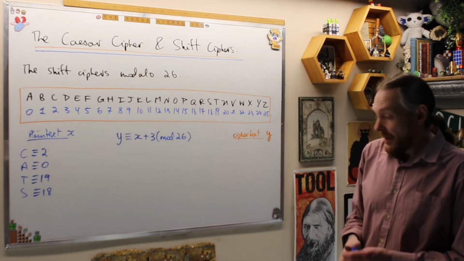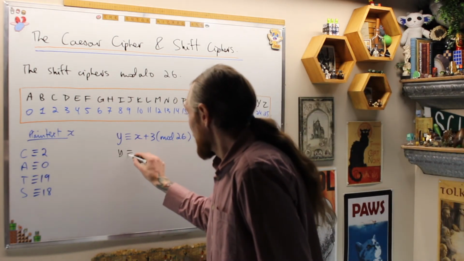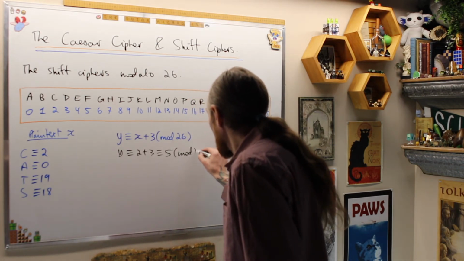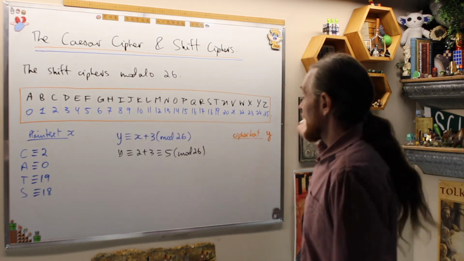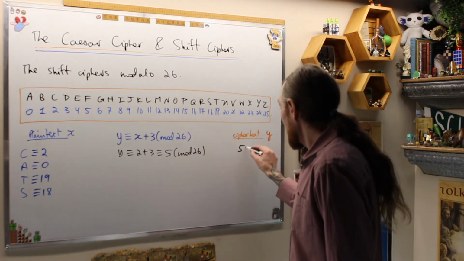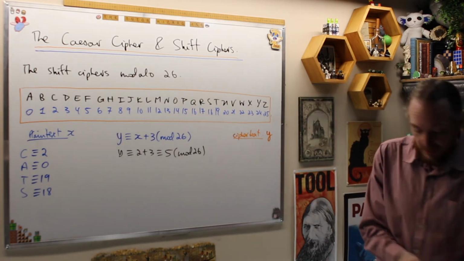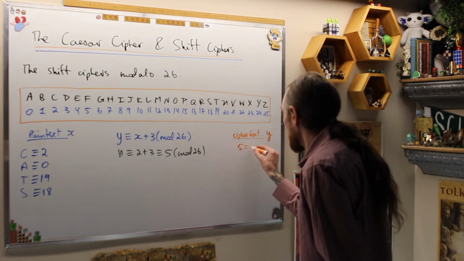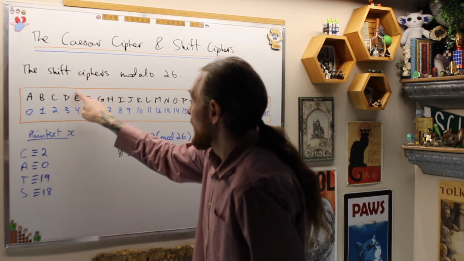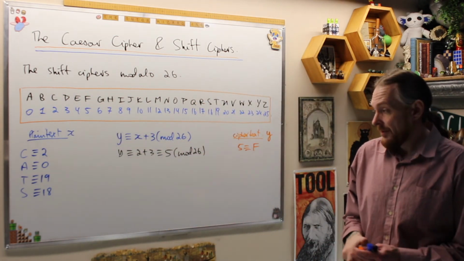How are we going to do that? Well, in each case, C is 2, so Y is congruent to 2 plus 3, which is 5. 5 is between 0 and 26, so C turns into a 5, which is an F. So a 2 will turn into a 5 when we do this encryption function.